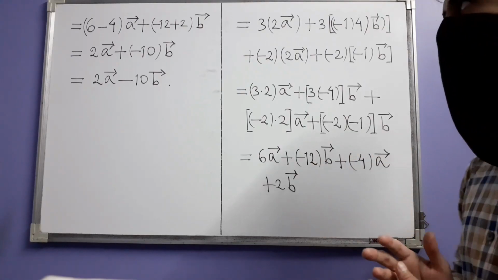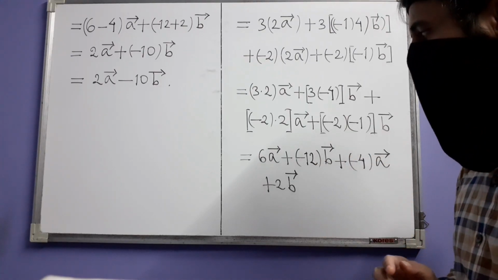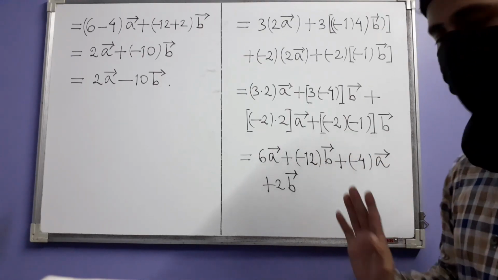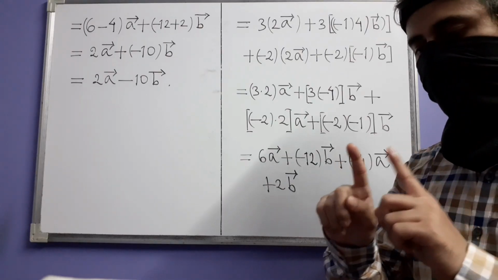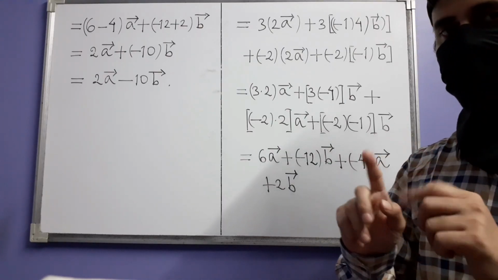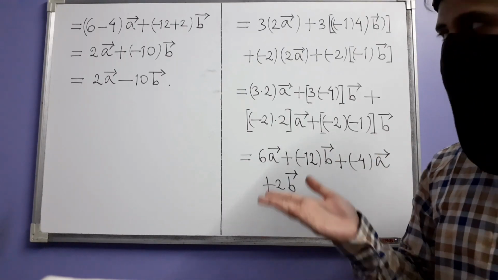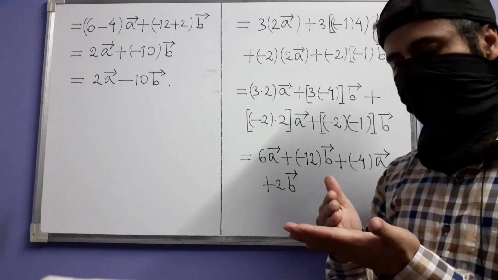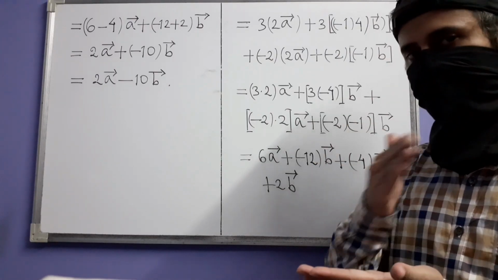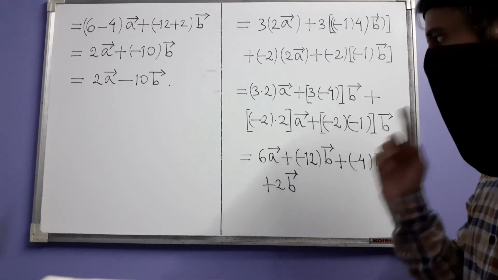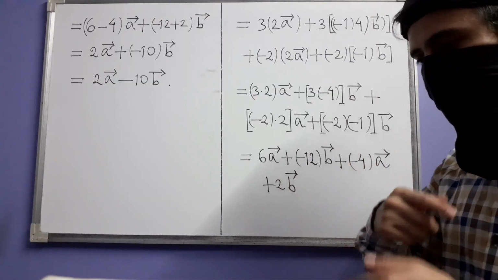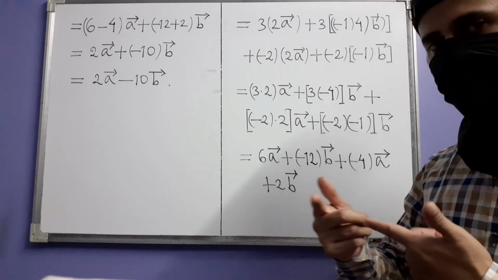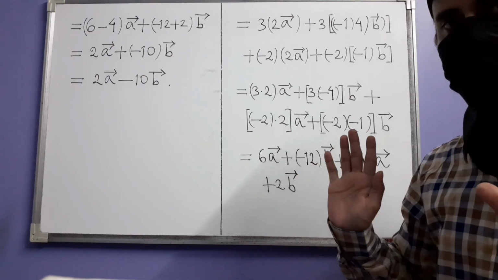That is one thing. And the other thing, which you may have missed here, is that the order in which the vectors are written also does not matter, because vector addition is commutative. These two things, that vector addition is associative and vector addition is commutative, allow you to rearrange the vectors in a sum which has finitely many vectors.